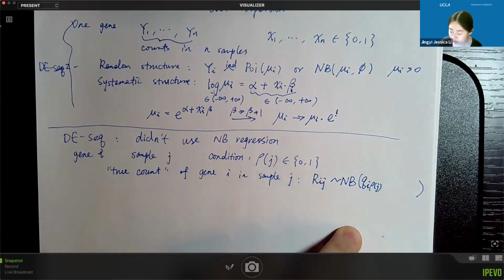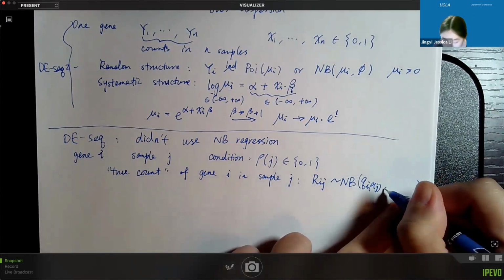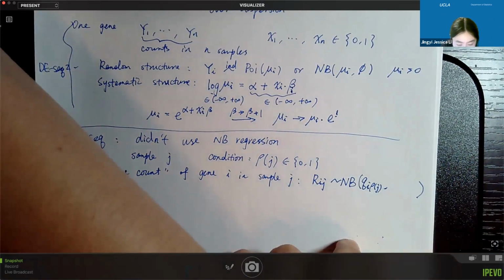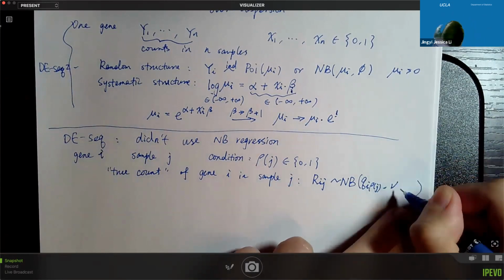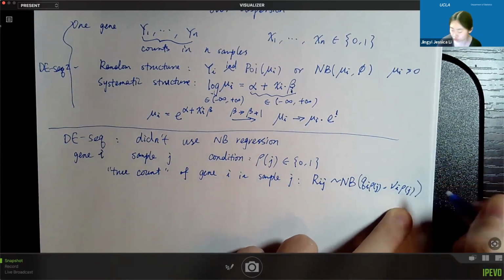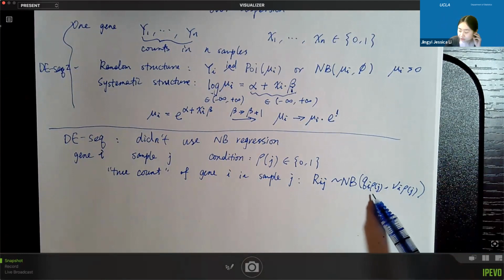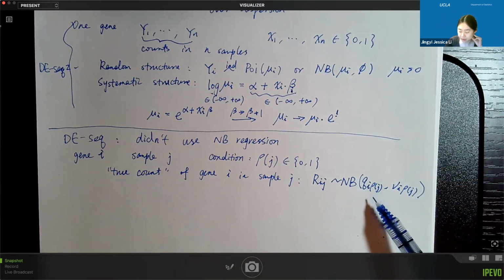Which means that under the same condition, we have a mean parameter for the NB and a dispersion parameter, the dispersion parameter for gene i and condition rho j. So in other words, if two samples have the same condition, they will share the same mean and the same dispersion, the same two parameters in the NB.